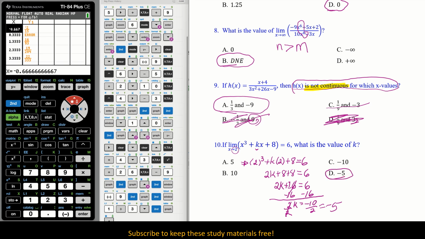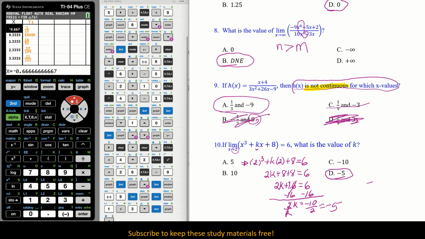All right. But this is what I need you to do. If we say k equals x, we can just put this into the calculator. Or even a better option.